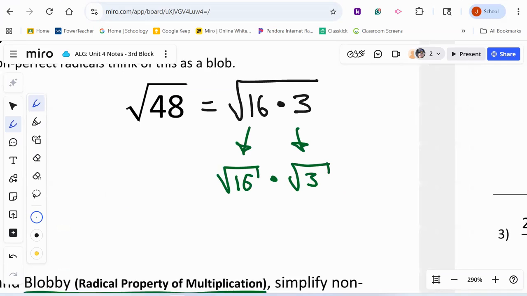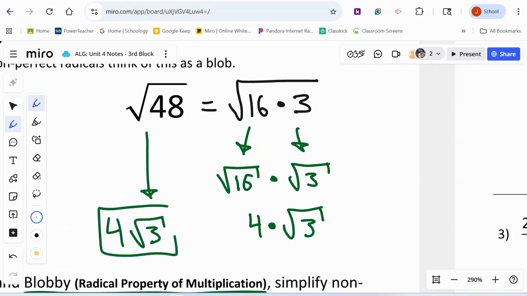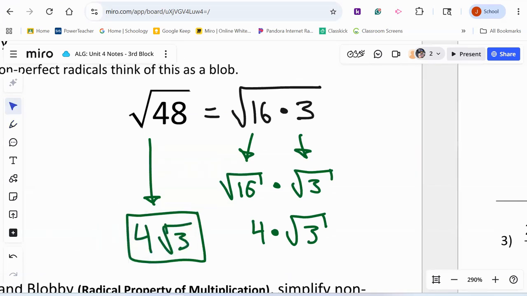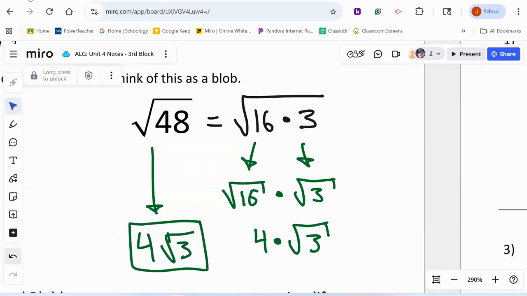Now, the square root of 3 we can't do anything with, but because the square root of 16 is a perfect root, it can become 4. And what we then end up with, guys, is the square root of 48 fully simplified is 4 times the square root of 3.